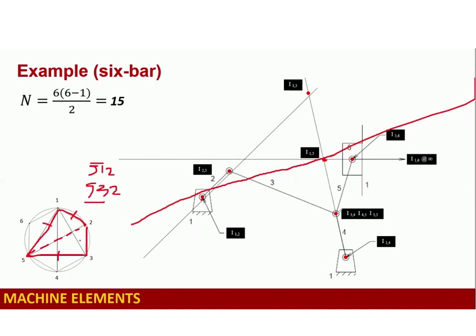So 5, 3 is here. It doesn't have to be in order. You just have to write first the smaller number and then the higher number. And then 2, 3 here. So the intersection is actually this point. So this is our point, instantaneous center 2, 5.